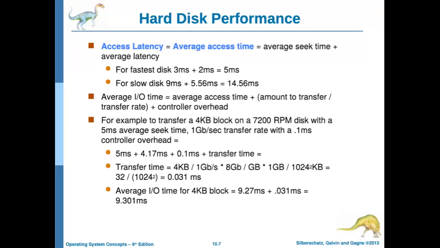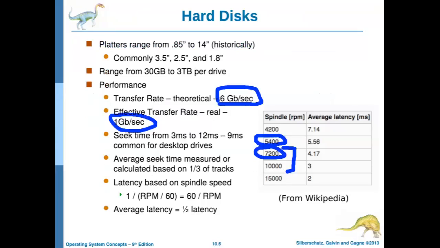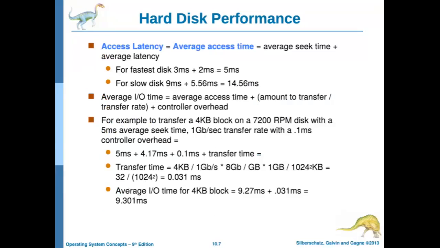So 3 milliseconds is the average seek time, and the average latency for the fastest was 2 milliseconds. If I go back to the previous slide, just refer to this. So for the fastest it is 2. Got it? And for a slow disk it is 14.56 milliseconds.